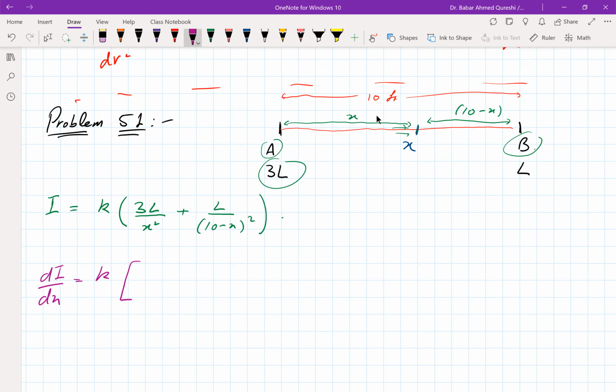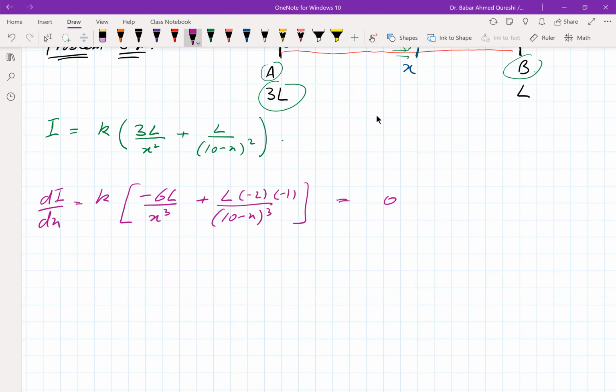And you get minus 6L over x cube plus, minus 2L over (10 minus x) cube, and there's a minus 1 from the derivative of 10 minus x.